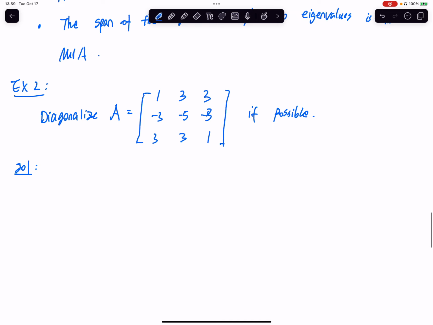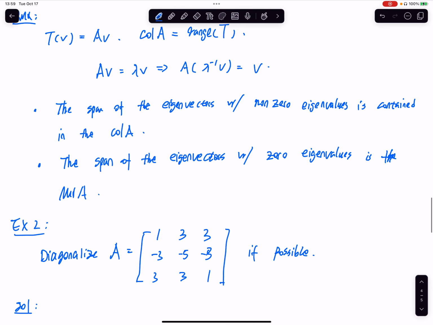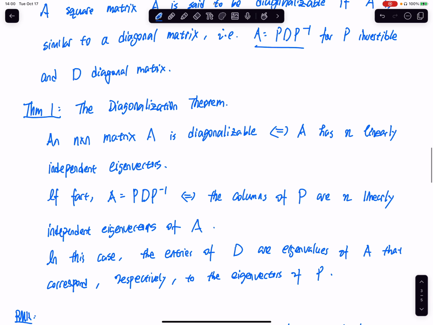Recall in our last theorem, we know that A is diagonalizable if and only if it has n linearly independent eigenvectors.